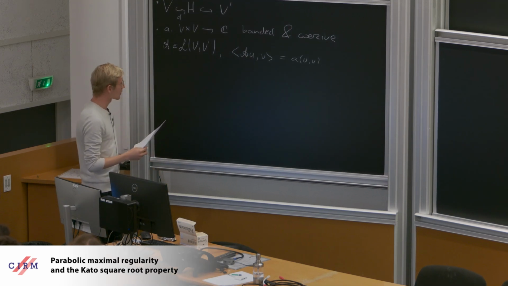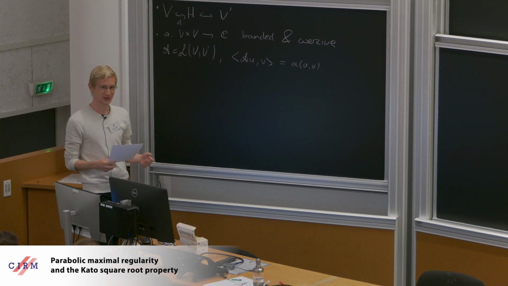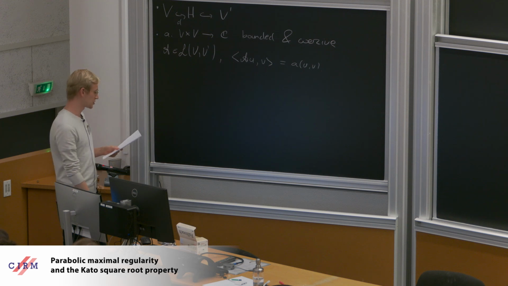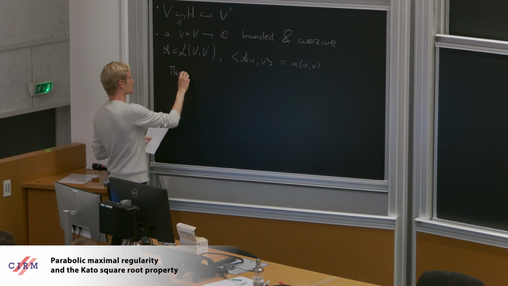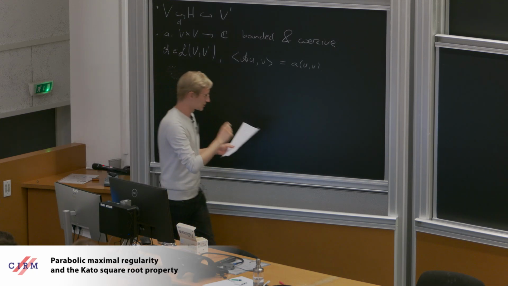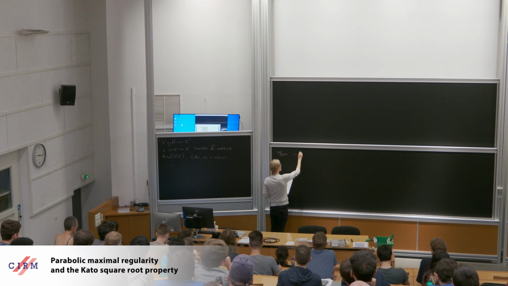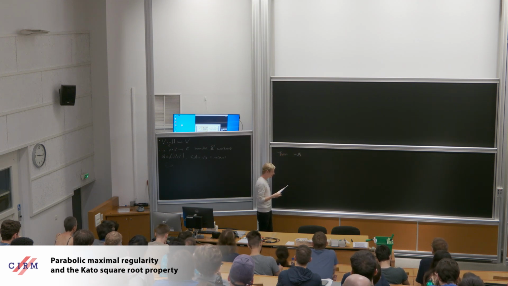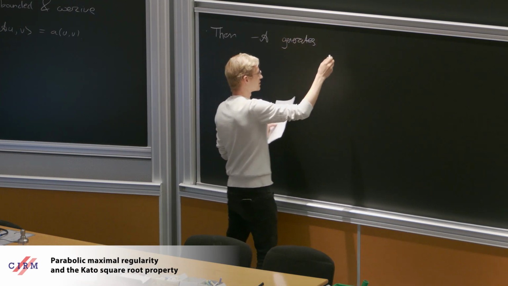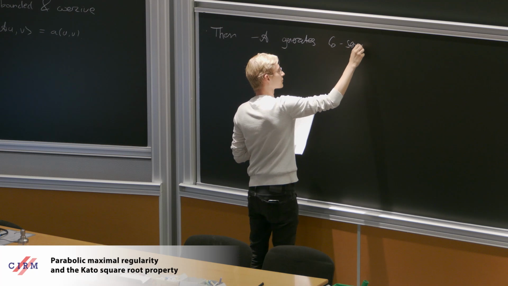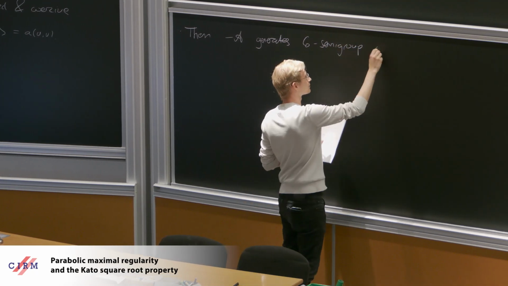Okay, now the thing that Wolfgang already mentioned, semigroups play a role in our project. So let me just briefly mention, this is not from the ISEM, but this is a fact. Then minus curly A, which is still an operator, generates a C0 semigroup on V prime.